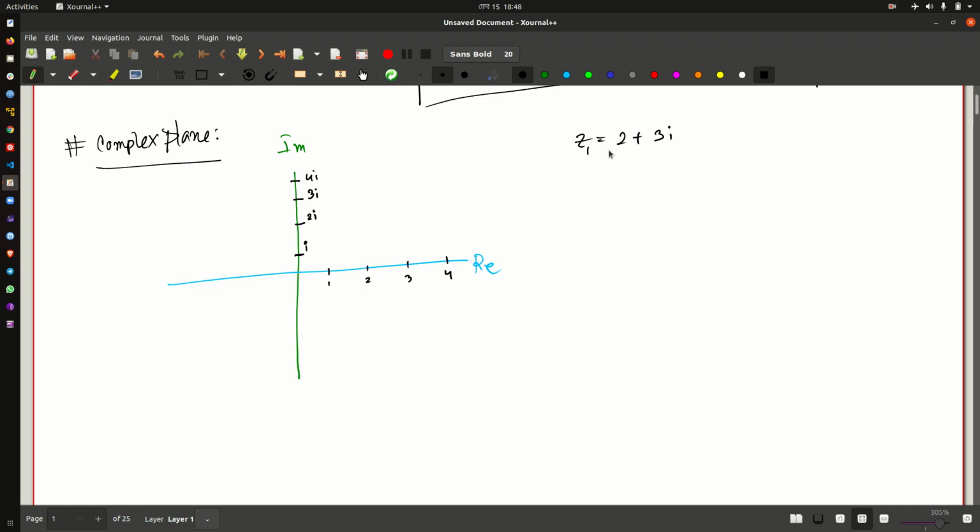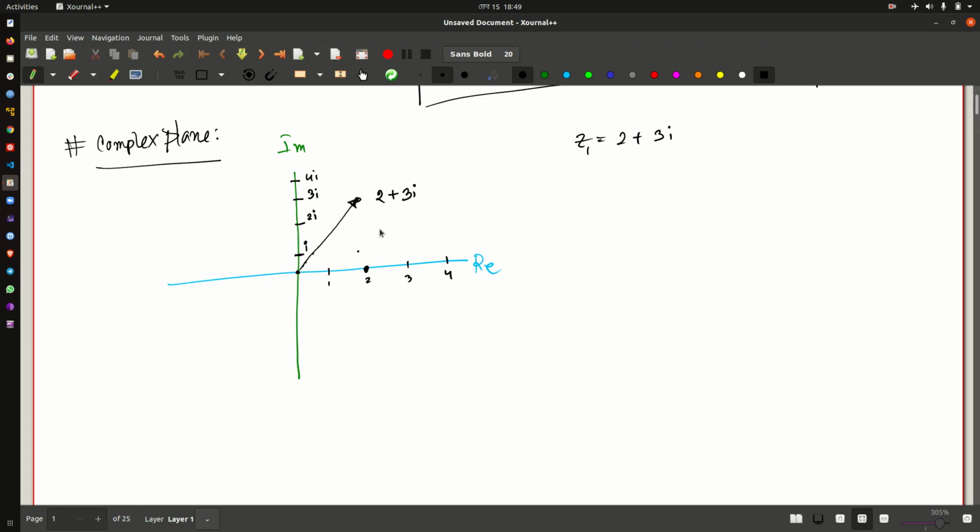So first you start from the origin, the 0, 0 coordinates, then you go to 2, and then you move in the positive y direction, and you have to move like 3 units, 1 unit, 2 units, 3 units, and there it is. This is the number 2 plus 3i. And as you can see, just like a vector, you can denote this number with an arrow if you want.